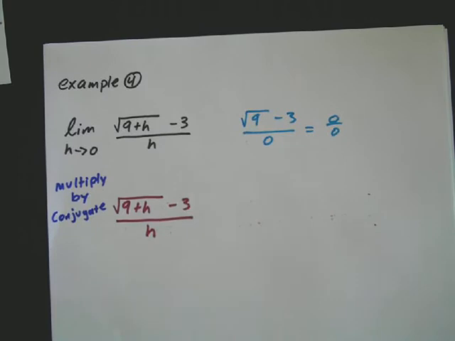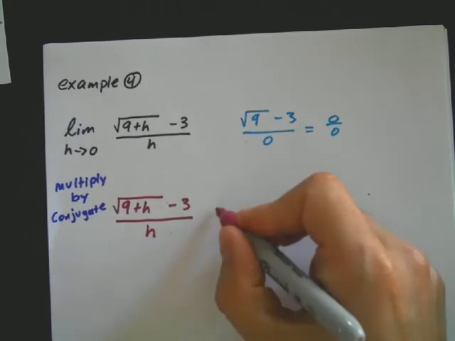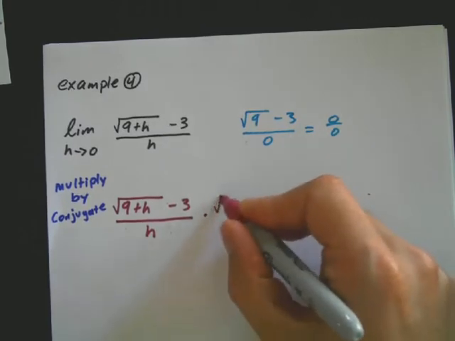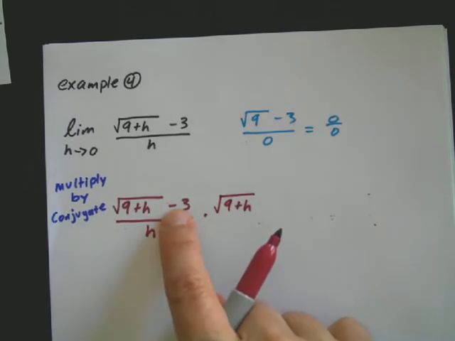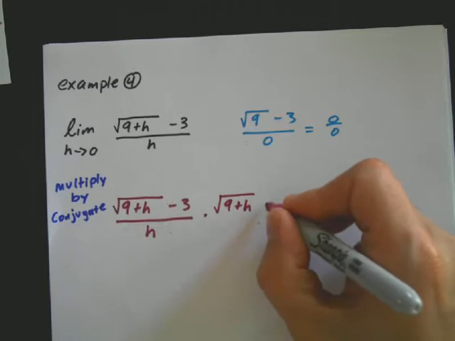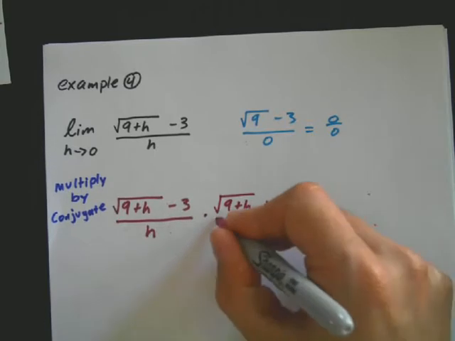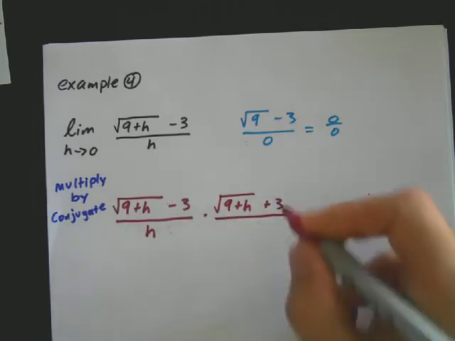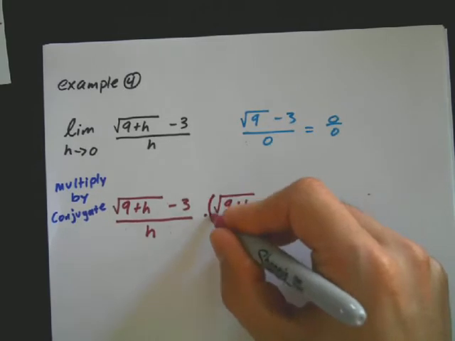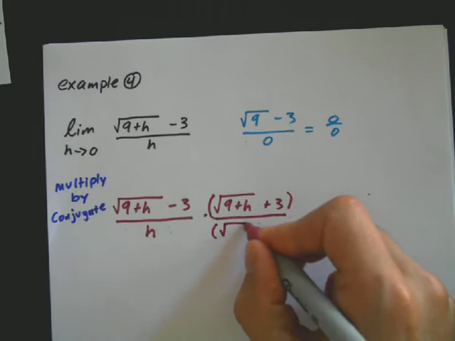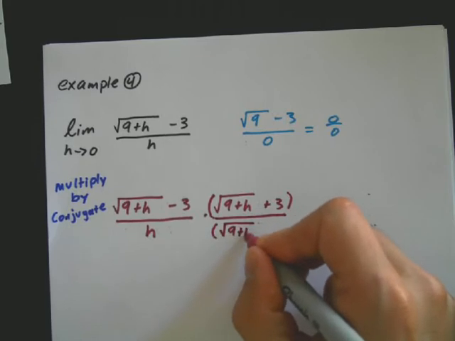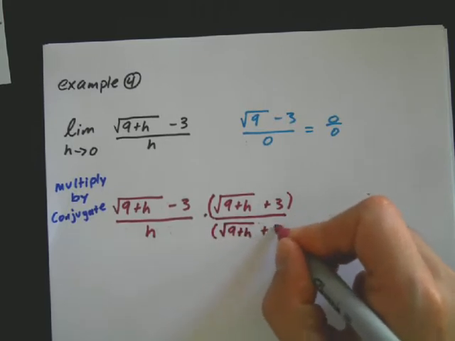The conjugate of this is going to be keeping the radical exactly the same, but just changing the sign that's in the middle. So now it's going to be plus 3. And to keep things equal, whatever you multiply at the top, you have to multiply the bottom by. So it's going to be the square root of 9 plus h, plus 3.